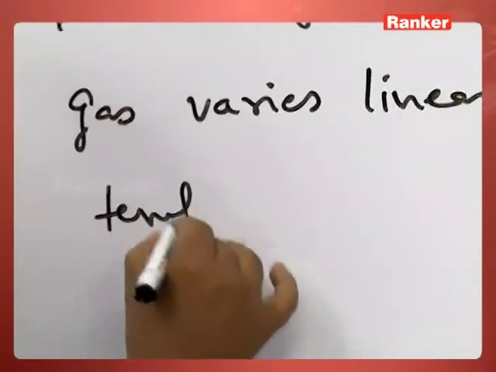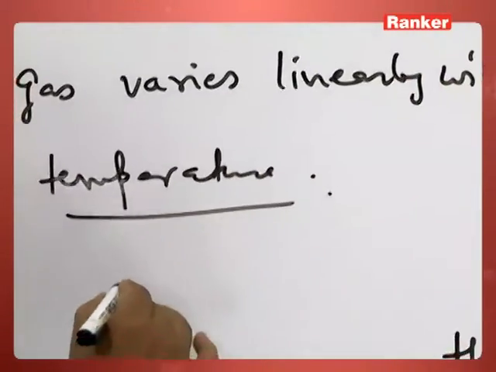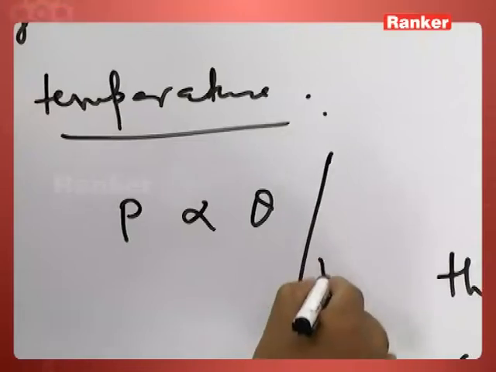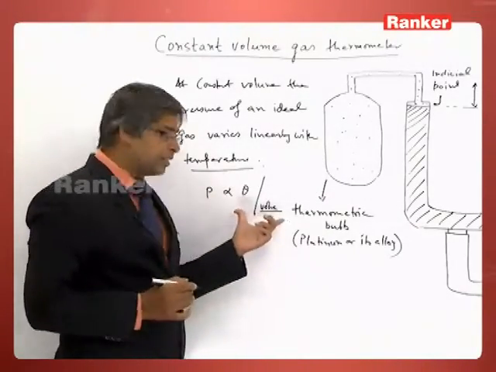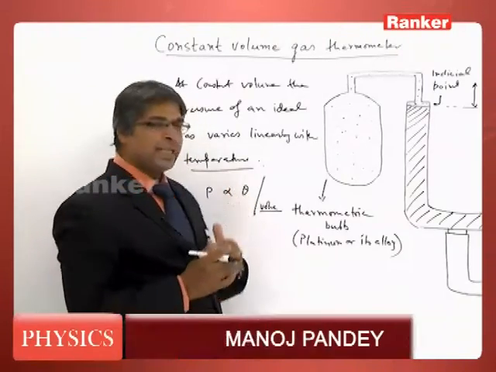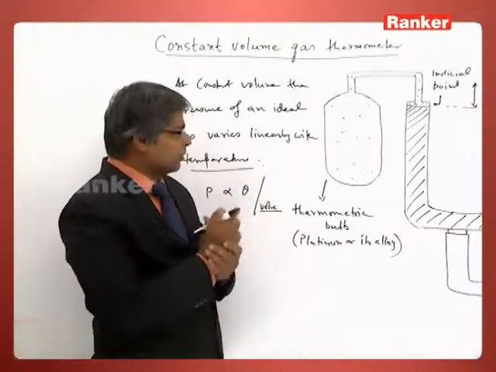This is the thermometric property we are going to use. So, pressure is proportional to theta at constant volume. When volume V is kept constant, pressure is directly proportional to the temperature. This is the thermometric property we are going to use.